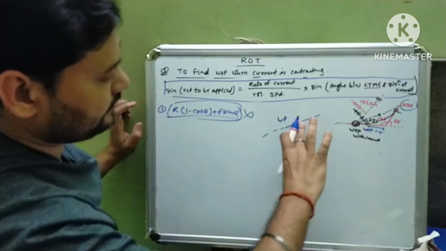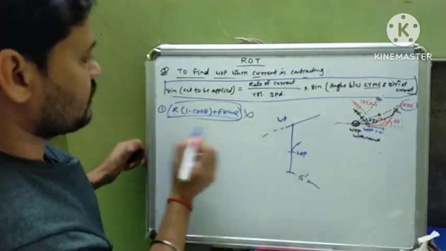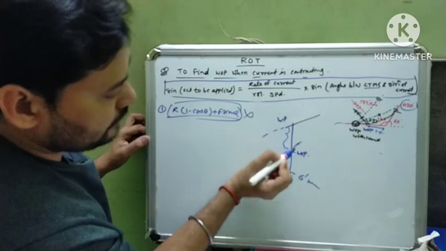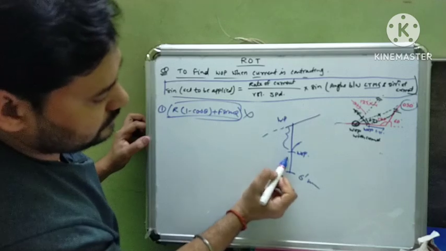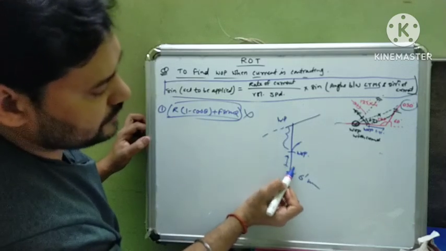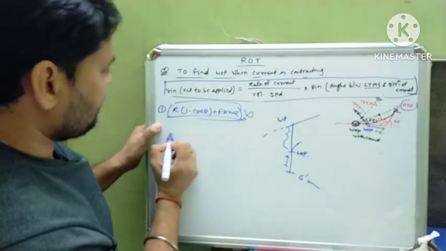Actually, this is 6 nautical miles and we have to find after how many miles we apply the wheel over point. So we just calculate this value, and since we know the total is 6, we will know the remaining value, and after moving that much we start giving helm. So don't use this formula, this is wrong.